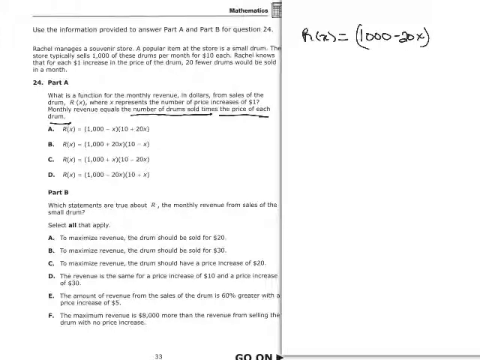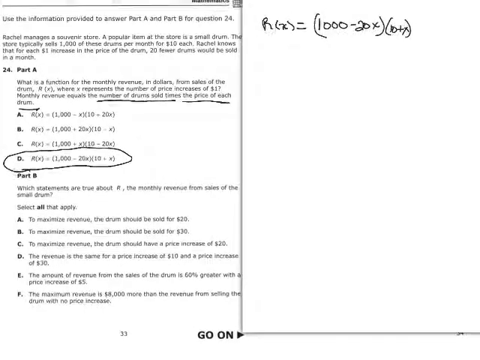And we also know that the price of each drum is going to be $10 plus whatever you mark it up, which would be, again, that X value. So that's going to give us D. This is the only one that satisfies our current situation. Once we have that, then A is just a matter of plug and play.